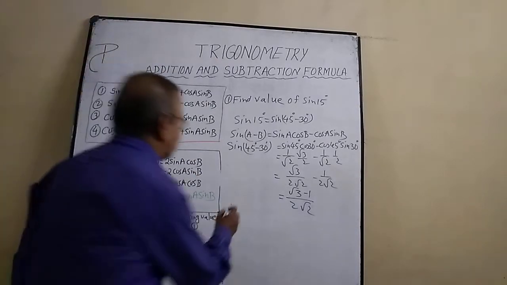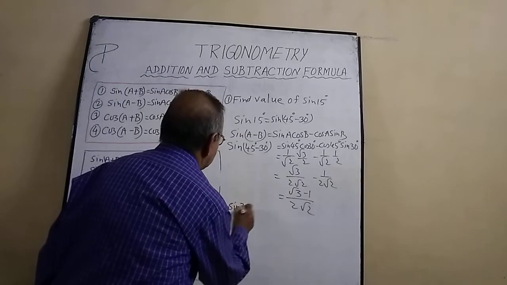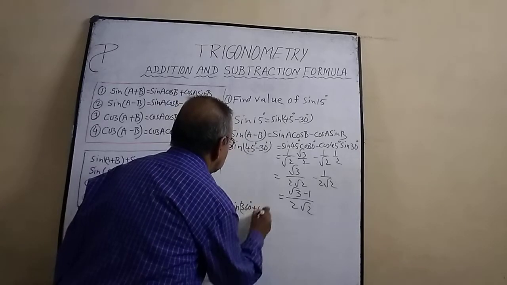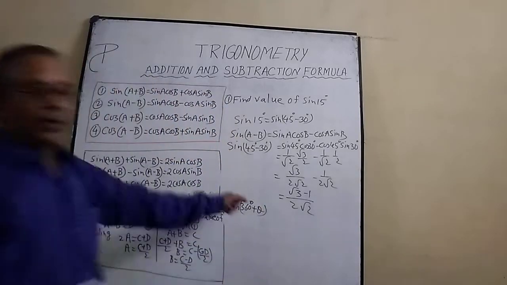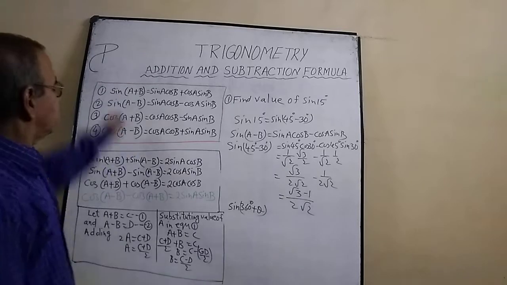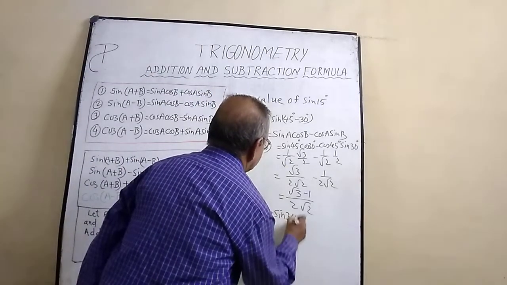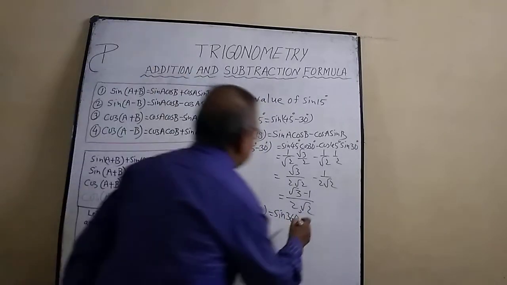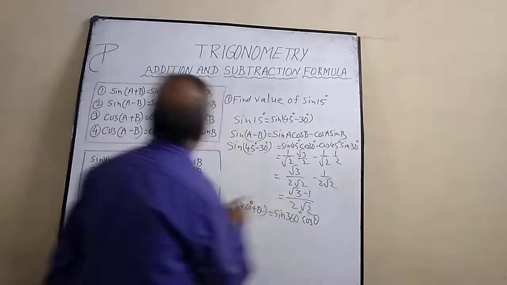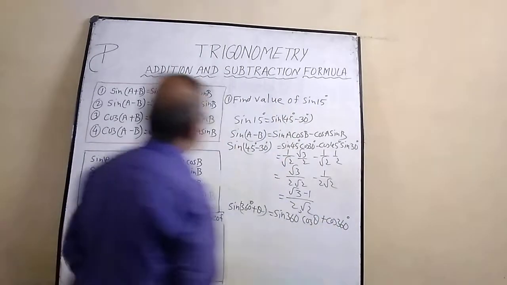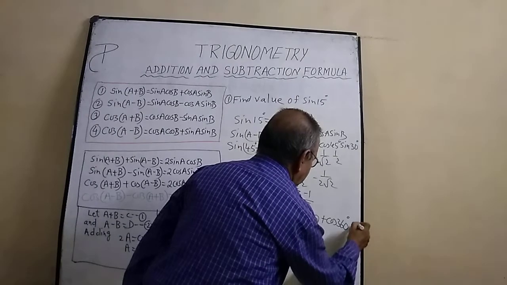For example, sin of 360 degrees plus theta is sin 360 degrees into cos theta plus cos 360 degrees into sin theta.